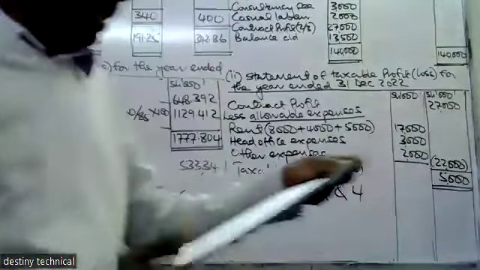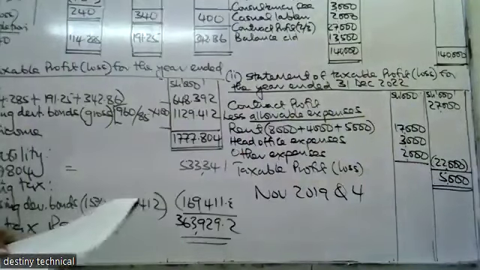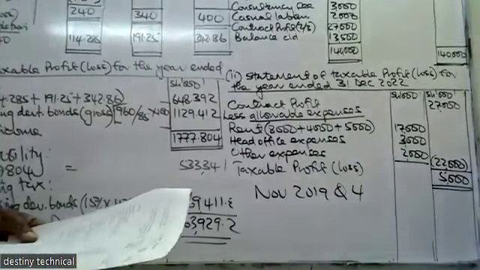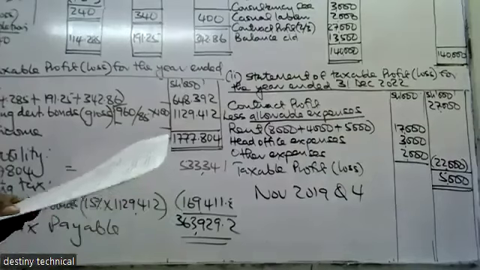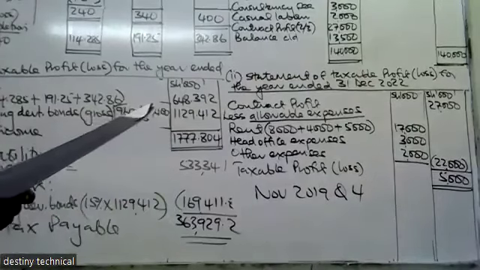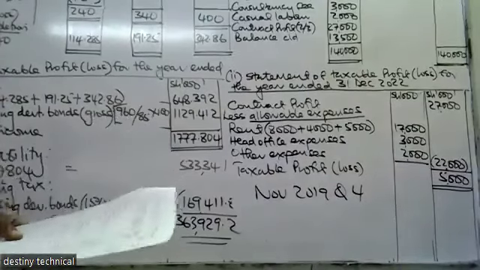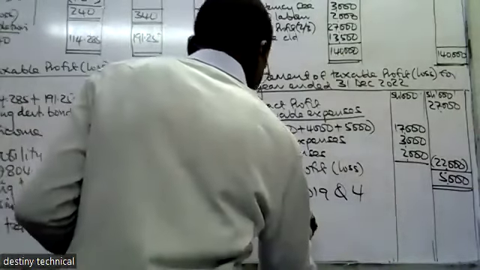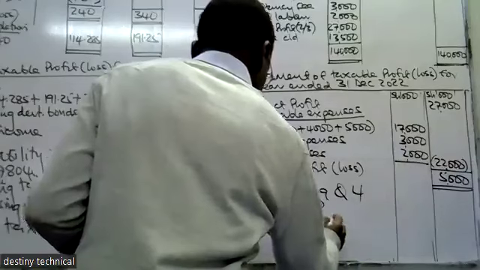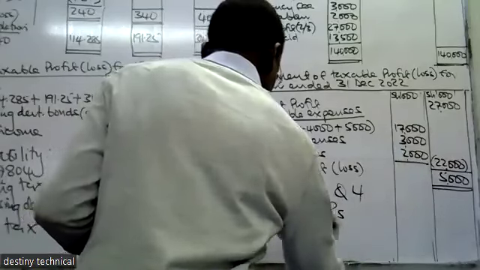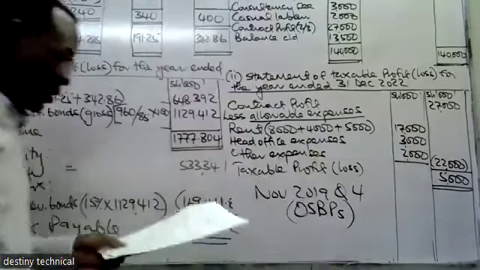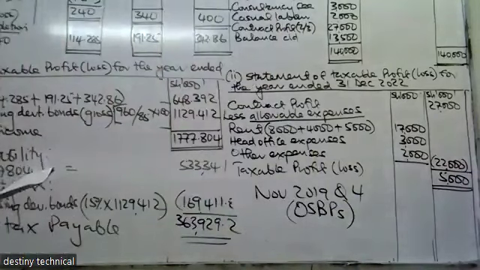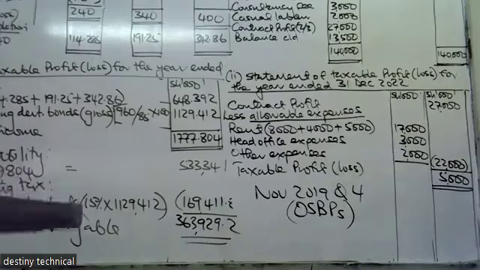So, for part A, Roman 1, just say one-stop border posts, in brackets OSBPs.